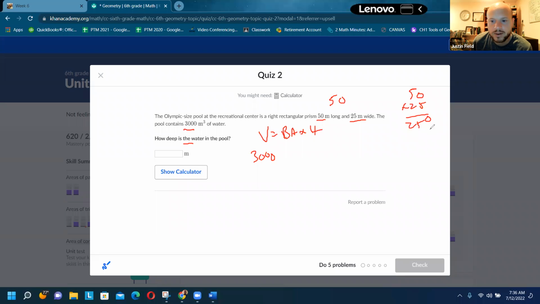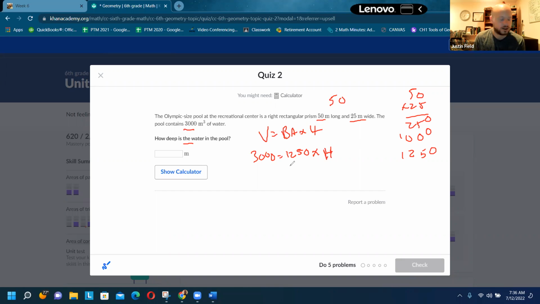0, 25, 0, 0, and then 10. So 0, 5, 2, 1. So it's 1250. And so the base area is 1250, and then the height is whatever it is.